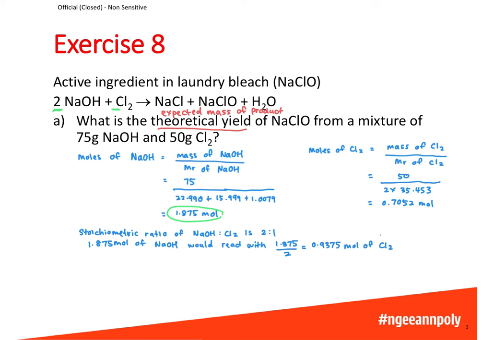So based on the stoichiometric ratio of 2:1, the number of moles of Cl2 would be 1.875 divided by 2 equals 0.9375 moles of Cl2.